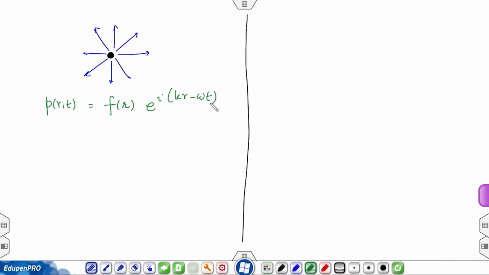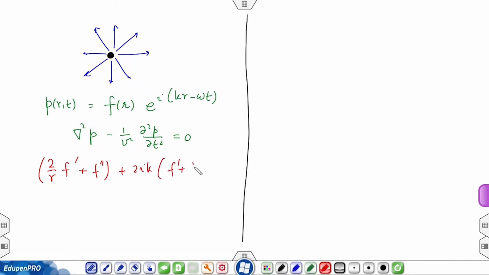This is a function of r only because everything is isotropic, and when I substitute this in the wave equation, del squared p minus 1 over v squared d 2 p over d t squared equals 0, I get the equation for f, which is 2 over r f prime plus f double prime plus 2 i k f prime plus 1 over r f equals 0.